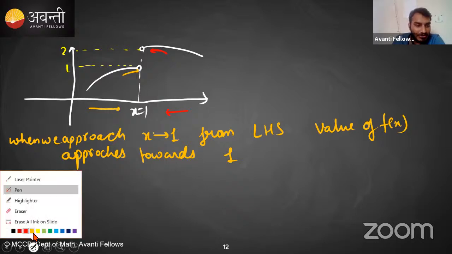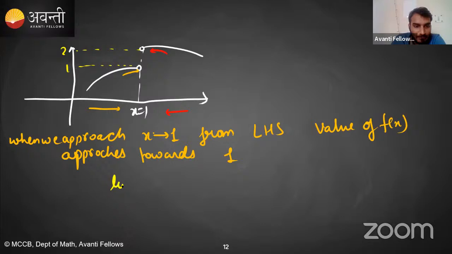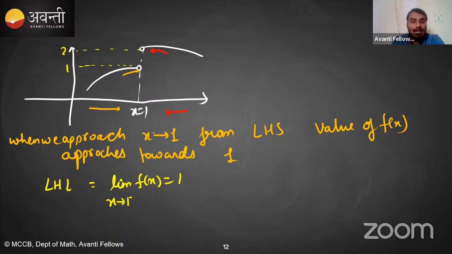So you will say, students, that limit x tends to 1 minus, where 1 minus means I'm approaching the function at x equal to 1 from the left hand side, f of x equals 1. This is nothing but the left hand limit. It means value of a function when I approach x equal to a from the left hand side.